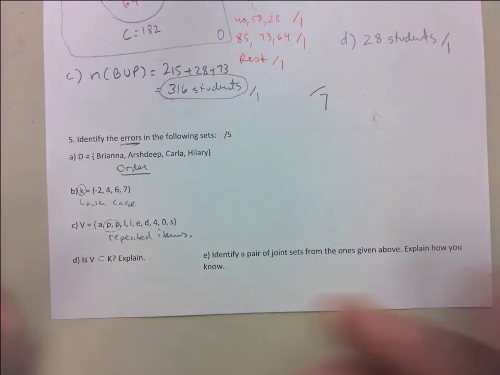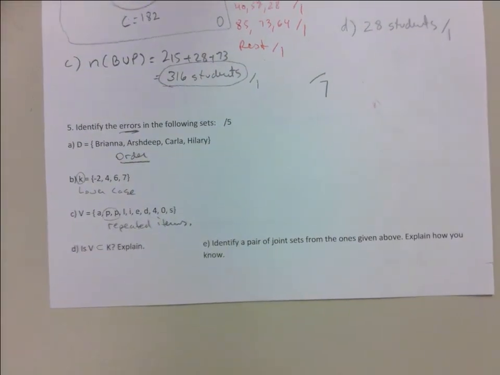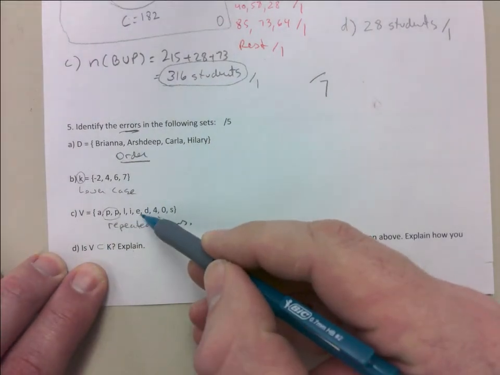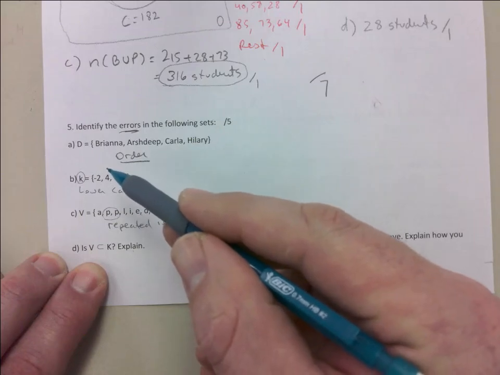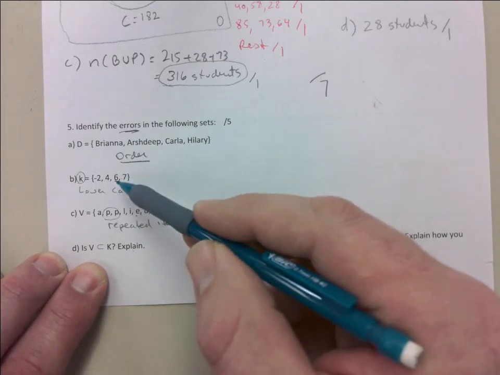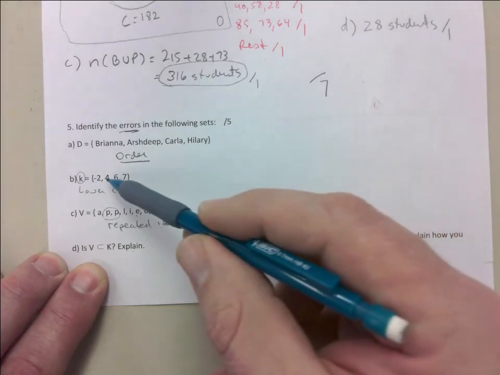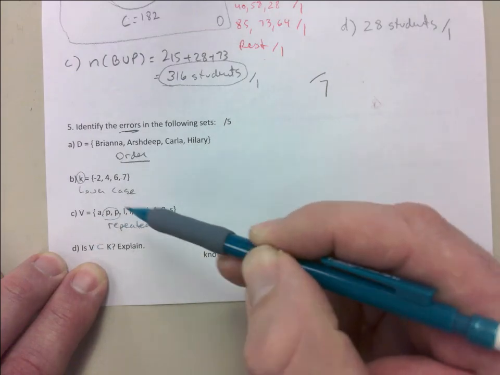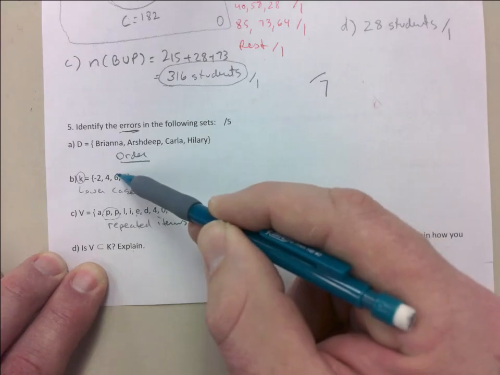Is V a subset of K? It's not, right? They have a common element, 4 and 4, but for this to be true, everything in here would have to be in K as well.